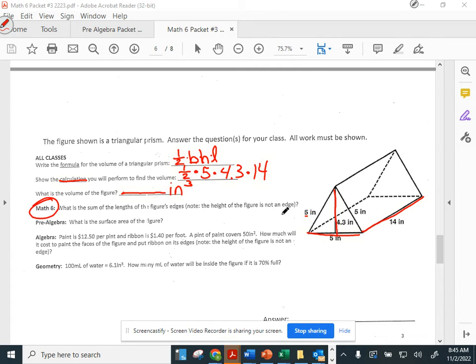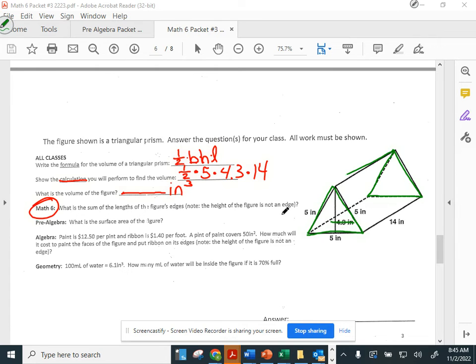Then for math 6, it says, what is the sum of the lengths of the figure's edges? So note, the height of our triangle is not an edge. So we don't need 4.3 because that's in the middle of the triangle. So you need to add all 3 of the triangle sides.